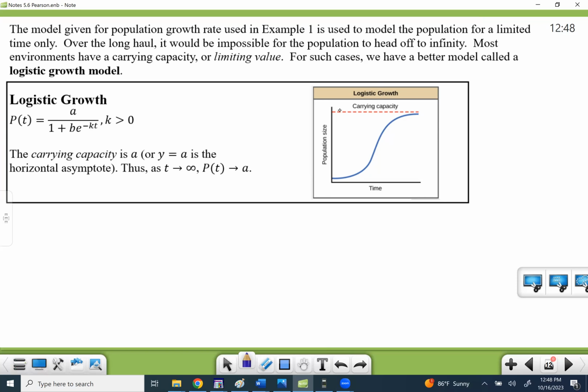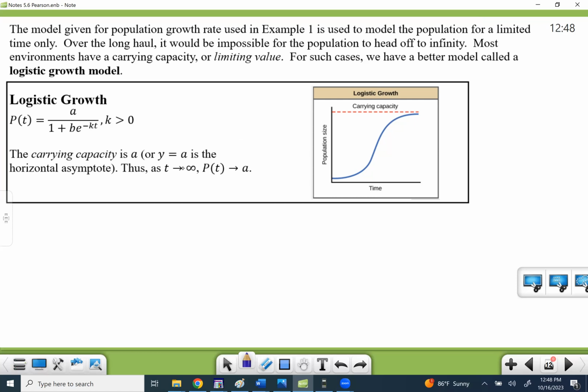This shows a limiting value here. Like, okay, it's not just going to go off to infinity. It's going to try to grow fast, and then it's going to slow down in its growth because it's starting to run out of resources, run out of room, whatever. So it says right here that that carrying capacity, that limiting value, is A in the equation. So this top number is going to be what the population will approach.